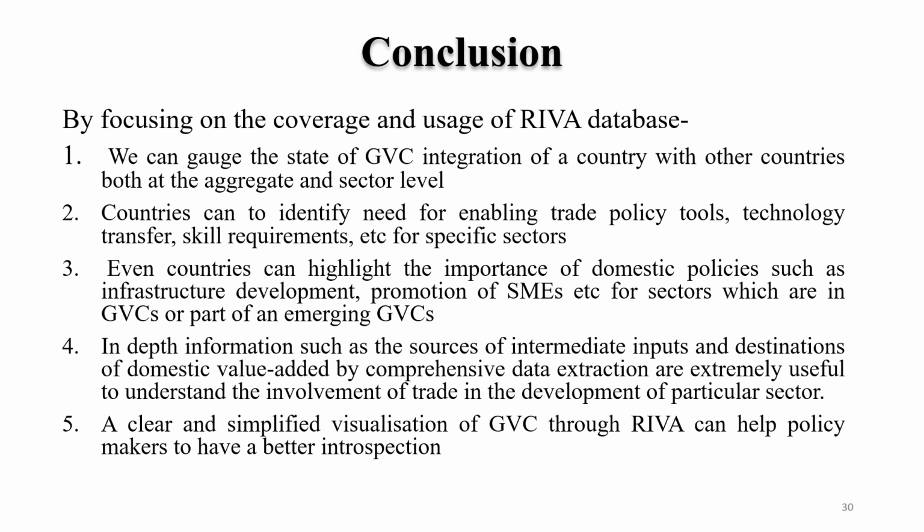In-depth information such as sources of intermediate inputs and destinations of domestic value added, through comprehensive data extractions, is very useful because it can help us understand the involvement of trade in the development of a particular sector.